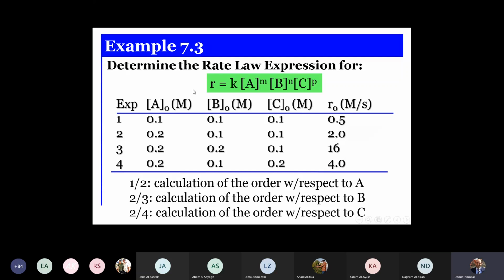So this is the ratio technique to calculate m, n, and p. Then the global order is equal to m plus n plus p.